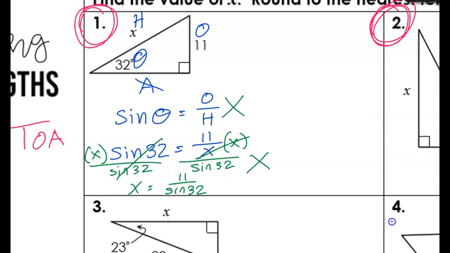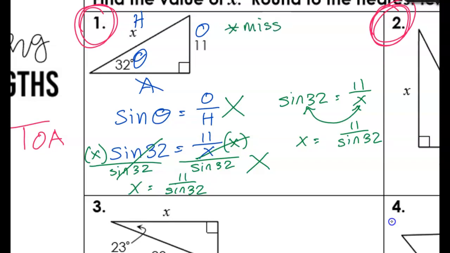What I would write is sine 32 equals 11 over X. And then I remember that all of these in-between steps are just going to get me to switching the X and the sine of 32 and end up with this. Anytime X is in the denominator, I'm switching X and my trig function and then dividing. I used to call it switch and divide.